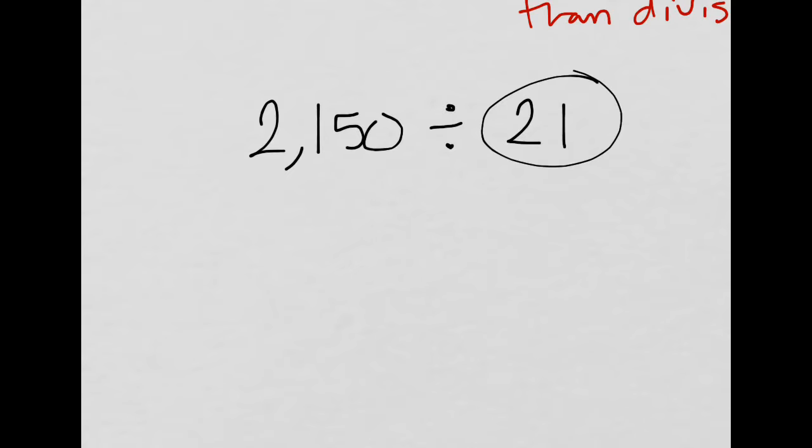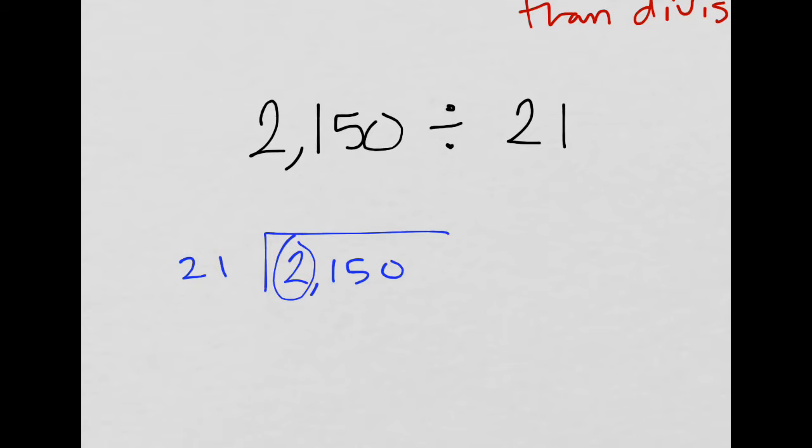This is the divisor because we're dividing by 21. So I put the dividend in a box, 2,150, and 21 outside. And then I look at the first digit, oh, no, that's too small. It needs to be bigger than my divisor. Is it 21? A 21, that's perfect. That would be just 1.